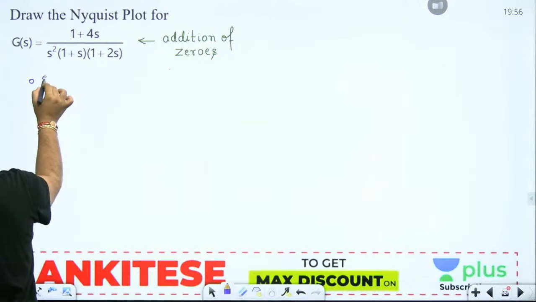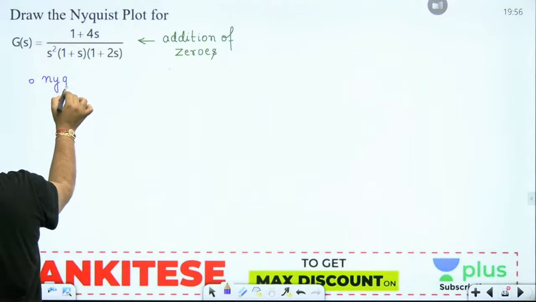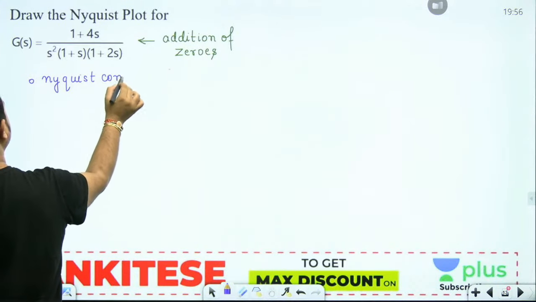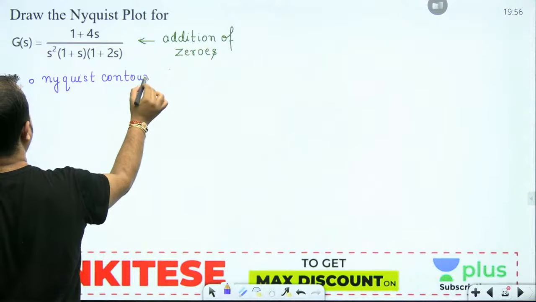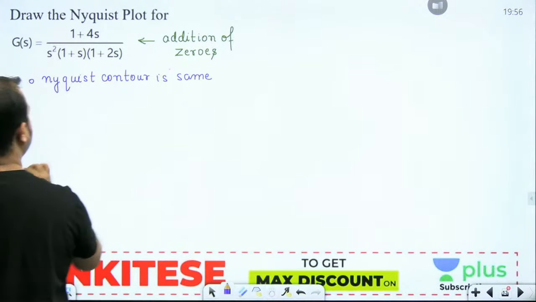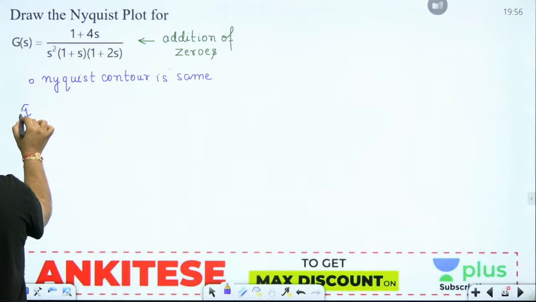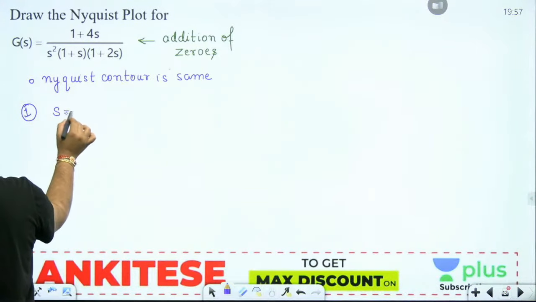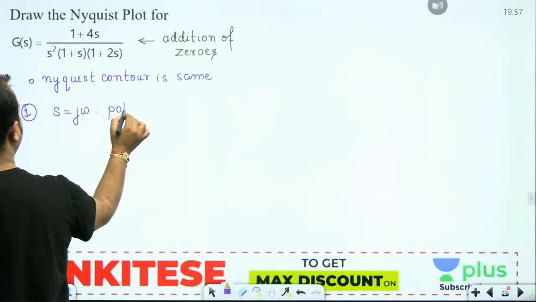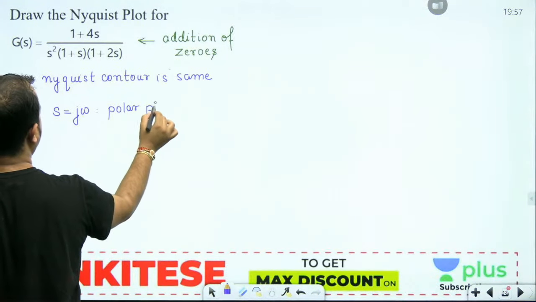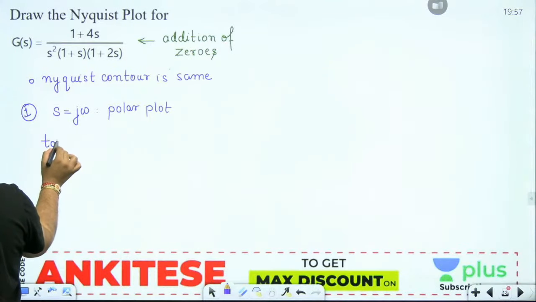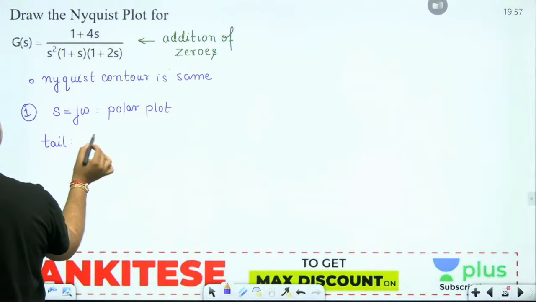So the Nyquist contour is the same. I am not drawing the Nyquist contour again. So I am directly starting with 1, s equal to j omega polar plot. So my dear, the tail depends on the type of the system.